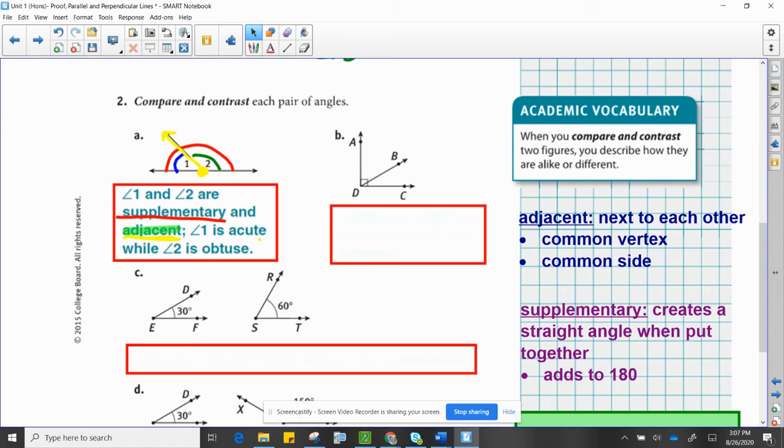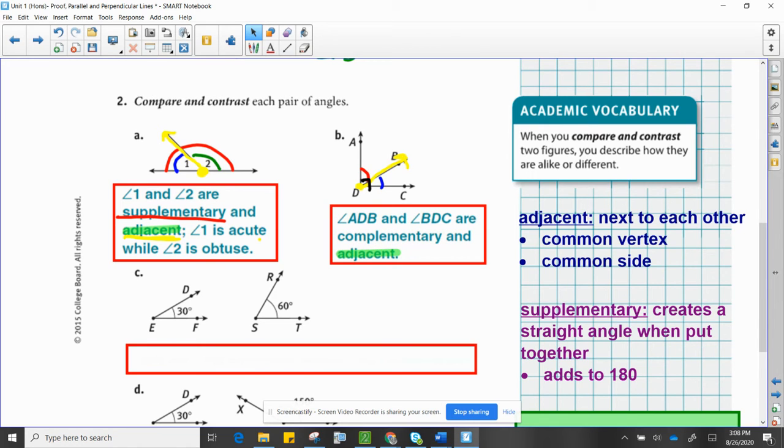Let's look at B. So in B, again, we have two acute angles. We have an acute angle here and an acute angle here. So these, again, would be adjacent because they're sharing that vertex D and that segment DB or BD. So they're also adjacent, but since these two angles formed a 90 degree angle, we would call those complementary angles.